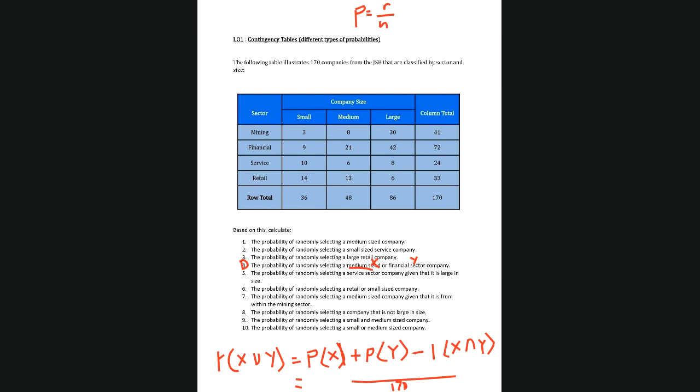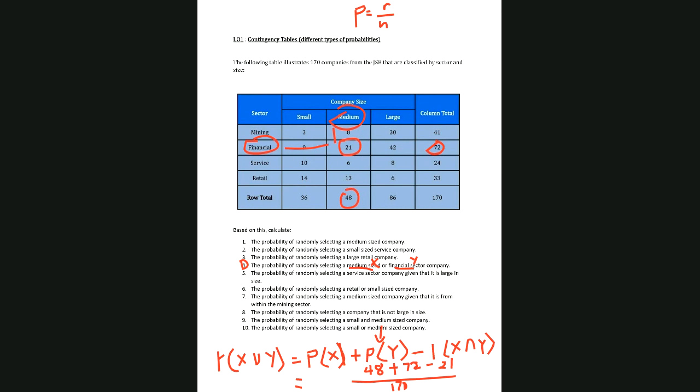So you'll go to medium, it is 48, plus the probability of Y, which is the financial sector company. So financial sector is 72, and then minus the probability of X and Y, so both of these events occurring. So this would be financial and medium, which is 21. So minus 21. So it's 48 plus 72 minus 21 over 170.